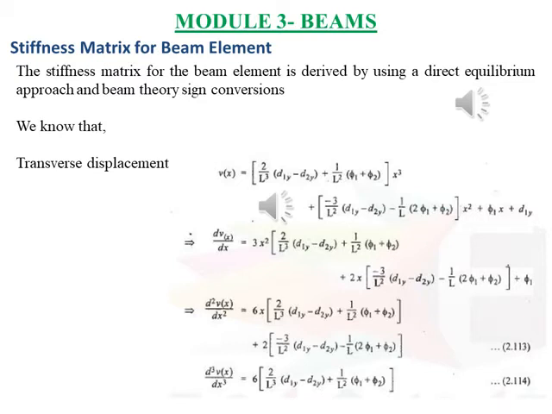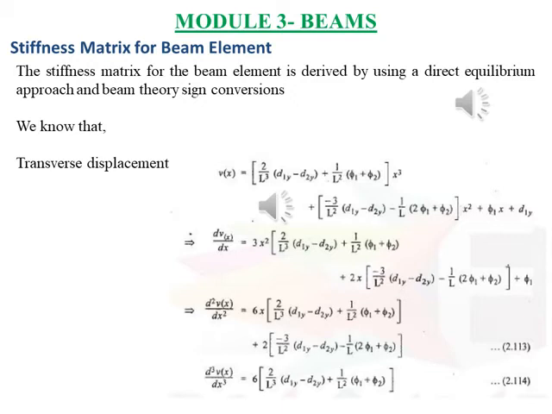I'll write it as del mu of x by dx is equal to 3x square into the constant term, that is 2 by L cube into (d1y minus d2y) plus 1 by L square into (phi 1 plus phi 2) plus 2 into x into the again the constant term minus 3 by L square into (d1y minus d2y) minus 1 by L into (2 phi 1 plus phi 2) plus phi 1, because the x term vanishes when we are differentiating it, and the constant term vanishes, so plus d1y is not shown here.